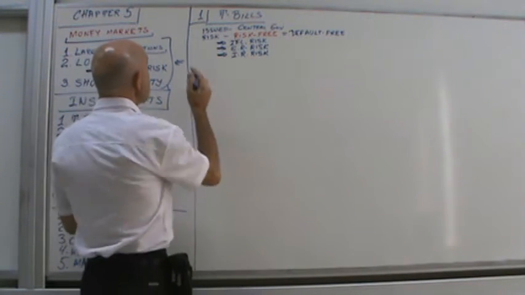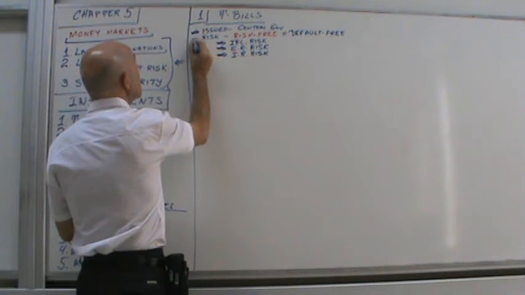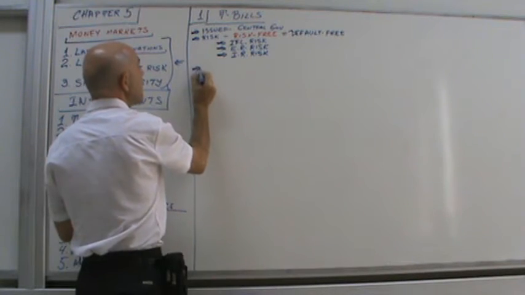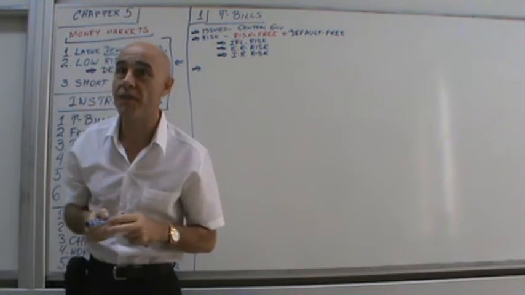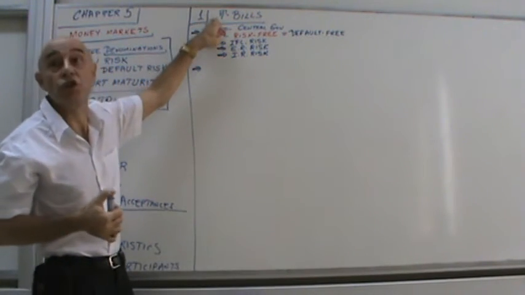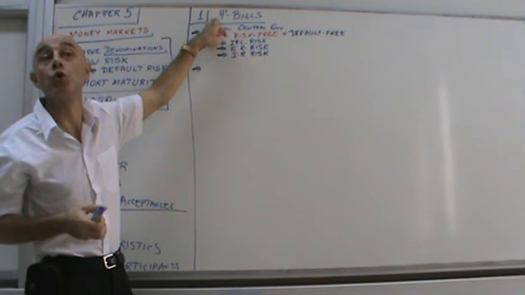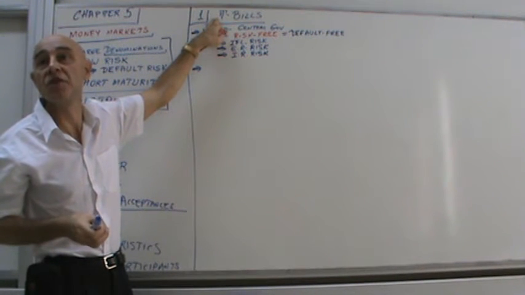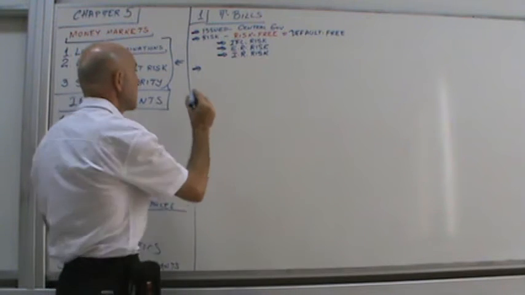The next main characteristic is that the central bank uses Treasury bills to conduct monetary policy.